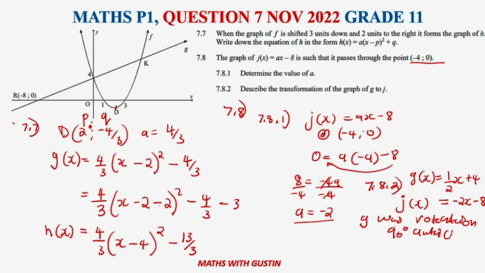Yeah, because I'm taking this from trigonometry. All right, and that's how you would have gotten to this equation. And then also after rotating it, it was also shifted. It was shifted 4 units to the right, so that you can get that minus 8 there. And that's how you would have dealt with this question, guys.